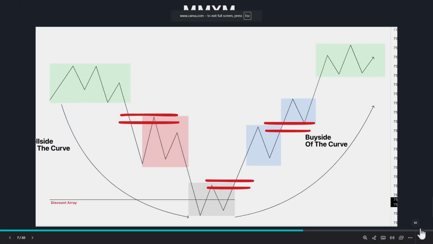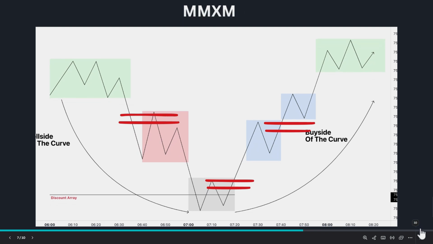As you can see, what we have here is an example of a market maker buy model. All market maker buy models, or some models, are made up of balance price ranges and imbalance price ranges. As you can see, price is consolidating over here, moves lower, creates an imbalance, rebalances that imbalance, moves lower, closes inside a liquidity point or discount PD array, creates a mitigation block, rebalances the mitigation block.